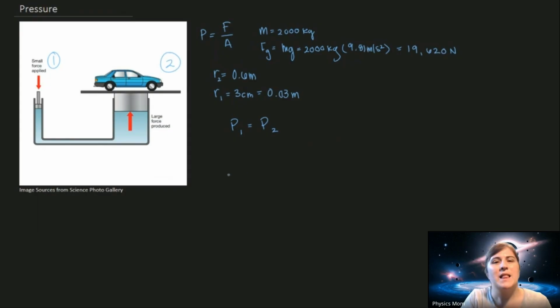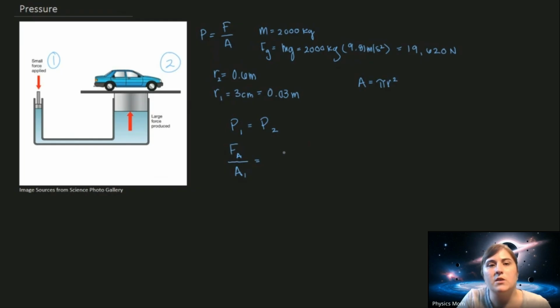I'm sorry about that. The force that we're applying, because that's the force on the left side, divided by the cross-sectional area, the area at the one side, which we'll figure out in a second, using the area of a circle, pi r squared, needs to equal the force at the second side. What force is happening at the second side? Assuming the car's not moving, the pressure from the hydraulic lift needs to perfectly counter gravity.